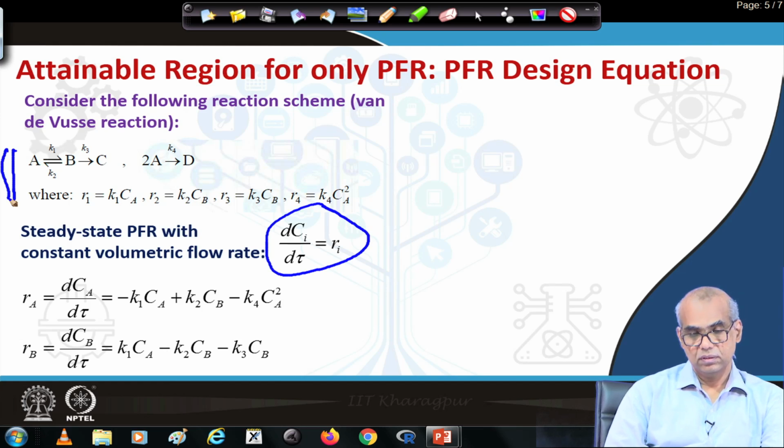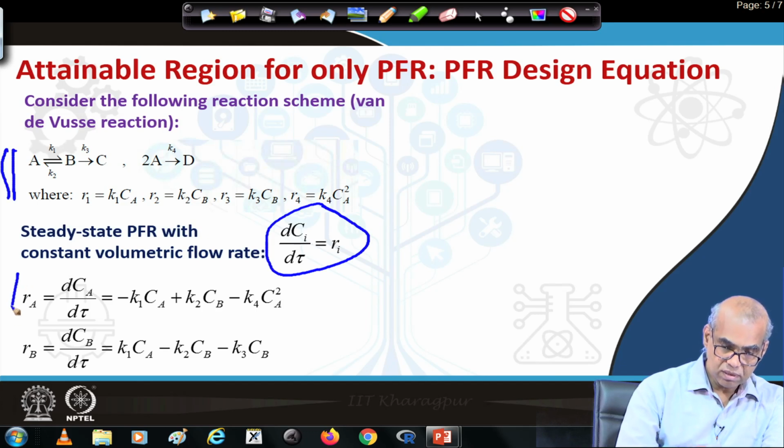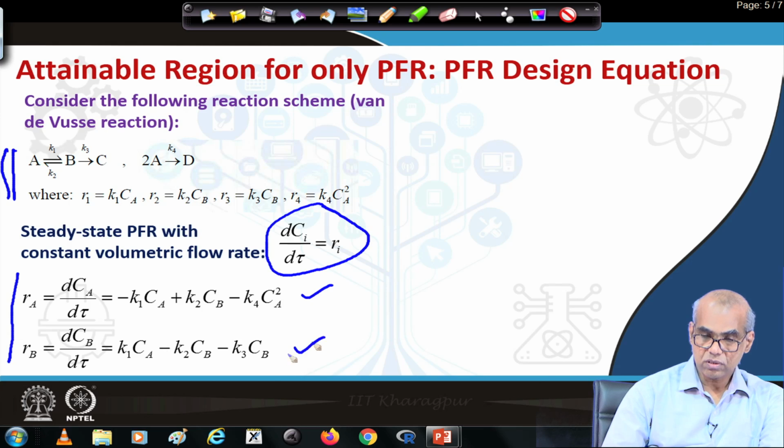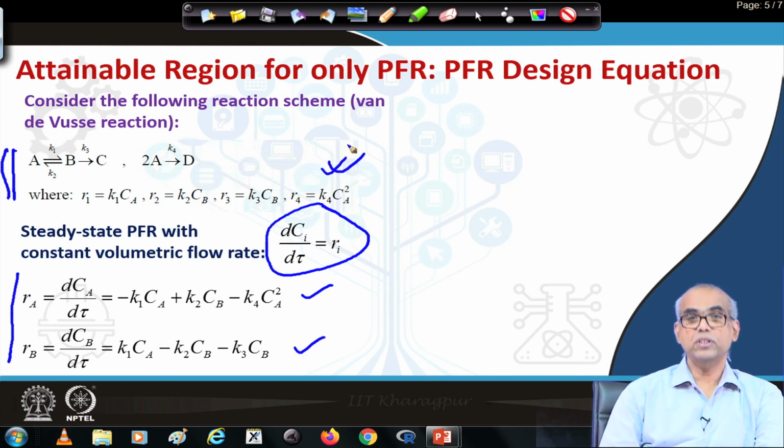We have 4 species A, B, C and D. Let us now consider my objective is to maximize the amount of B. Now, I write the equations dCA/dτ equal to RA and dCB/dτ equal to RB. I get these two expressions from my rate expressions given.